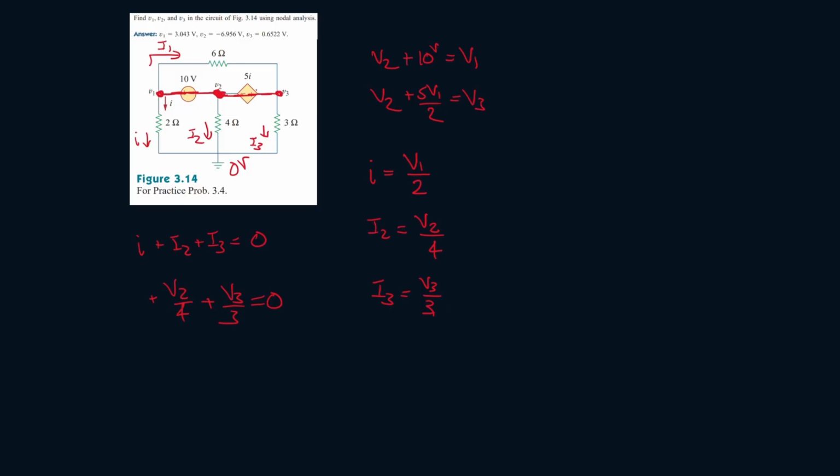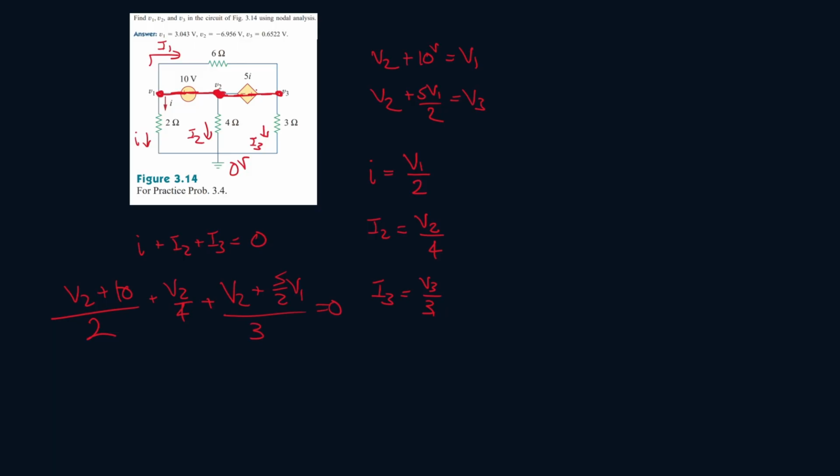Okay, so V2 plus 10 over 2 plus V2 over 4. Then we have V3. We see V3 is equal to V2 plus 5 over 2 V1. So it will be V2 plus 5 over 2 V1 all over 3 equals 0.